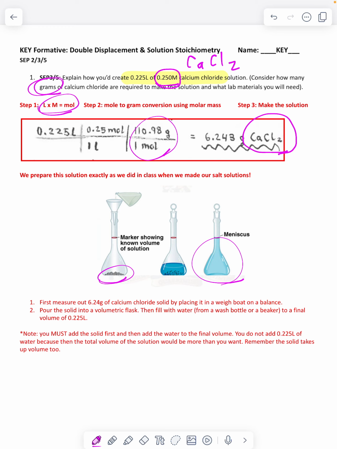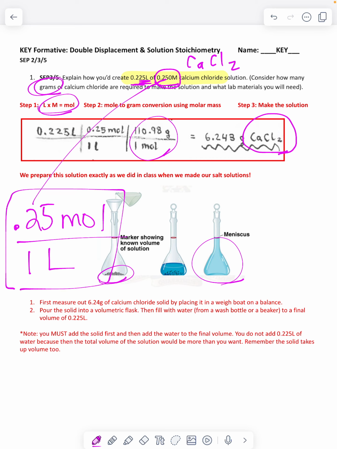So we're taking this molarity here and saying, well, I would have 2.5 moles if it was a 1 liter solution. Notice in this problem, it's not 1 liter, it's about 1/4 of a liter. So I don't have that many moles. But if I assume 1 liter, I can use this as a conversion factor. So that is what this is here. That is that molarity that's been turned into a conversion factor.